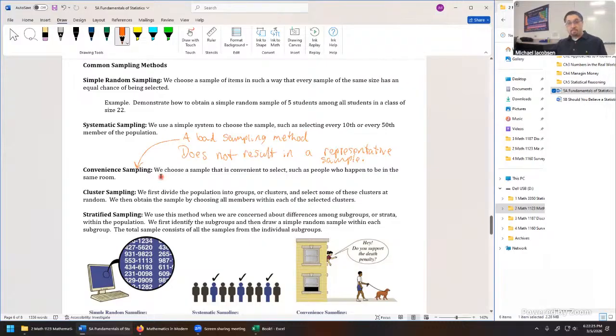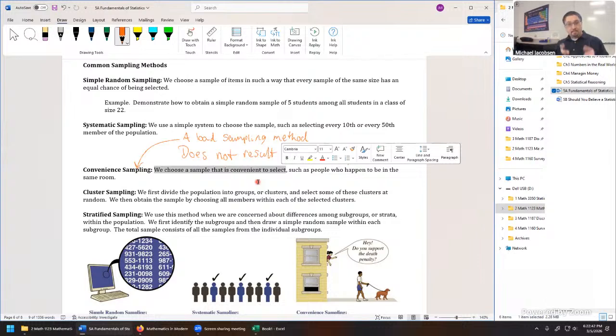And what happens in a convenience sample is we choose a sample that's convenient to select, such as people who just happen to be in the same room. So for example, if I'm doing a study on all Idahoans, I've got 9 people other than myself in Zoom. I can make you be the sample right now, ask you whatever thing I want to study about all Idahoans, have you all respond, and I have a sample.